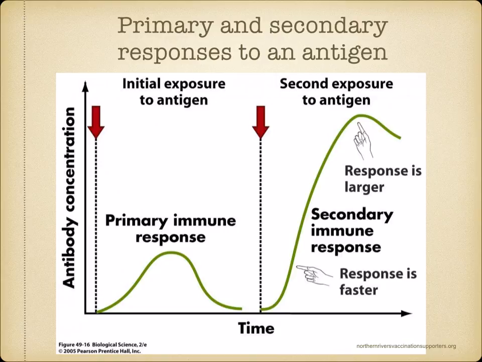Can you see how much higher the curve is and how quickly the secondary response is activated? Why? This is because the body has got memory cells that identify the antigen, and they can quickly divide to form plasma cells that secrete the antibodies.